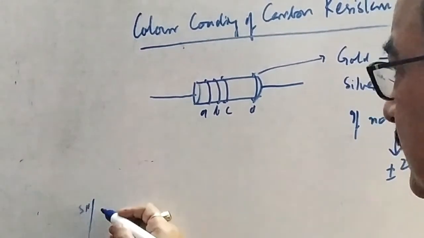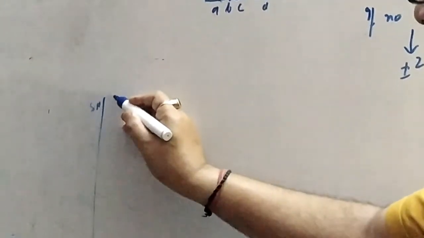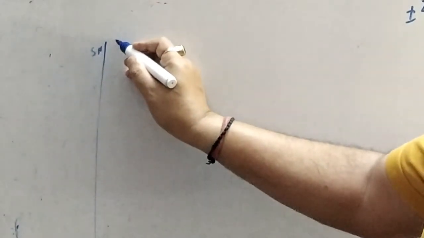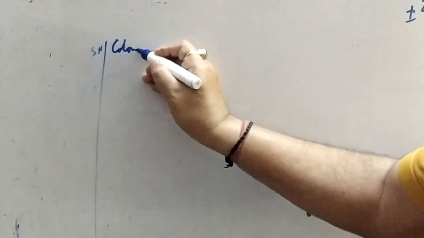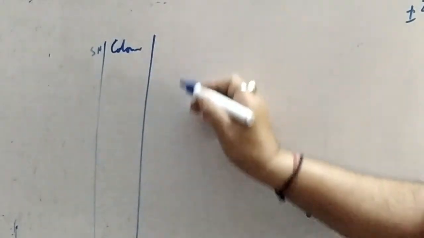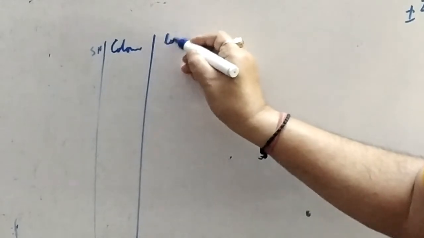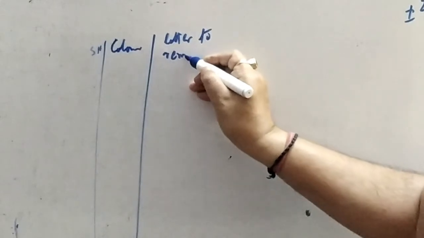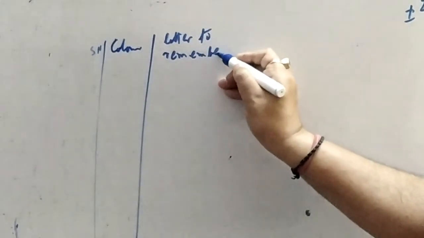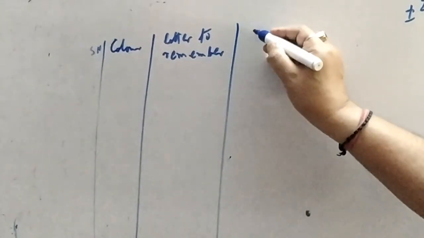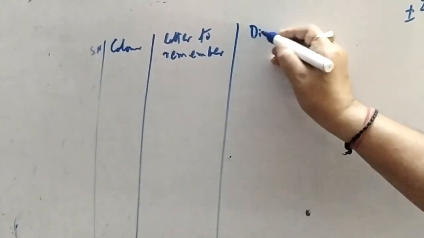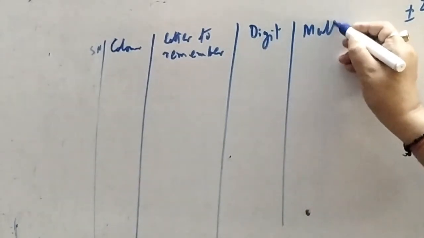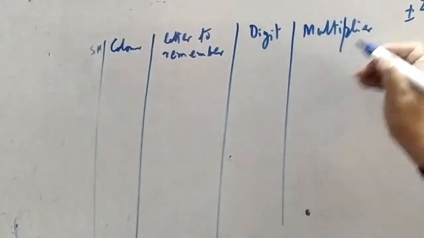Serial number. Next, color. Then the letter to remember. Then digit, or multiplier.